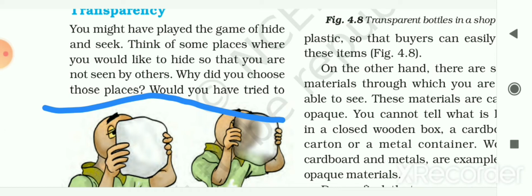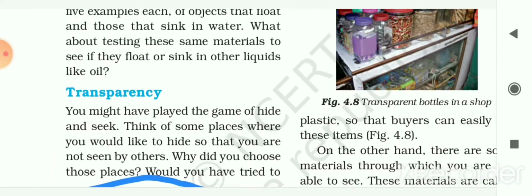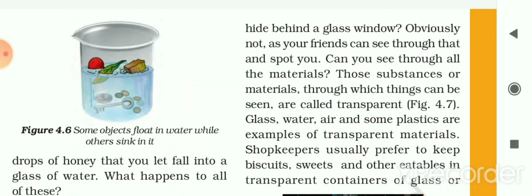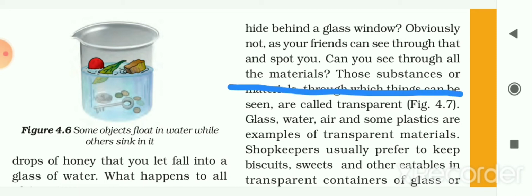Why did you choose those kinds of places? Would you try to hide behind a glass window? Obviously not. Why? Because if you hide behind a glass window, your friend will find you easily, as your friend can see through that glass window and spot you. So you are not hiding behind the glass window.